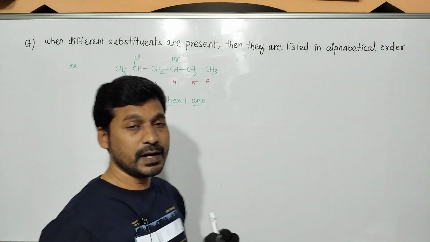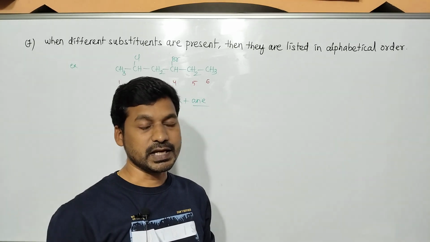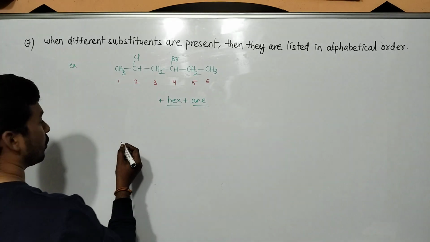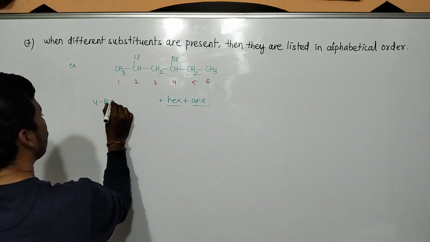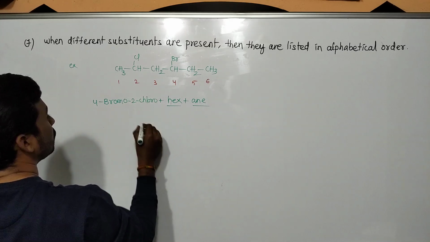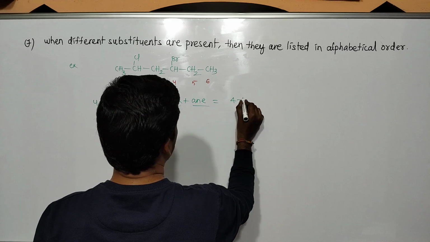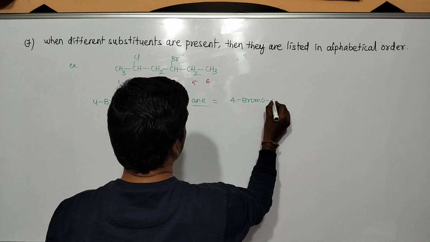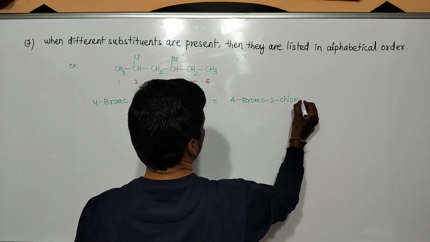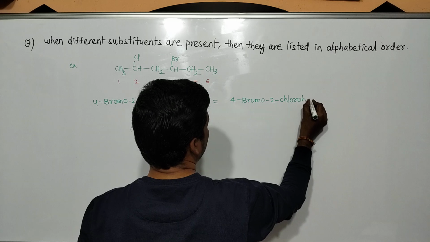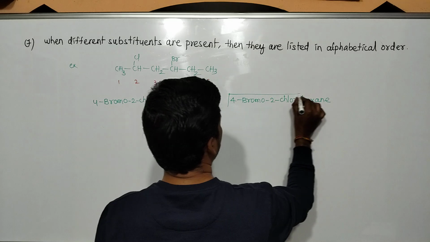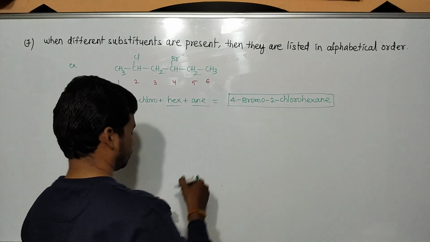Bromo begins with B, chloro begins with C. B comes first, so first write bromo: 4-bromo and 2-chloro. Numbers and letters are separated by a hyphen. Don't give any space between hex and an. So this is the IUPAC name of the above acyclic compound.